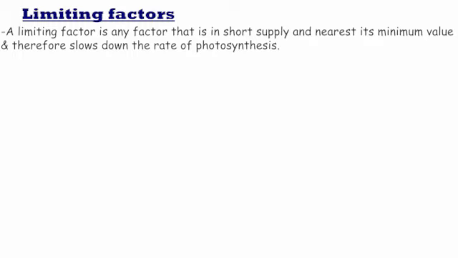So from this, what you actually need to know is the principle or the law of limiting factors, and this is the most important one, because if you remember this, it will make your understanding of this concept very easy.